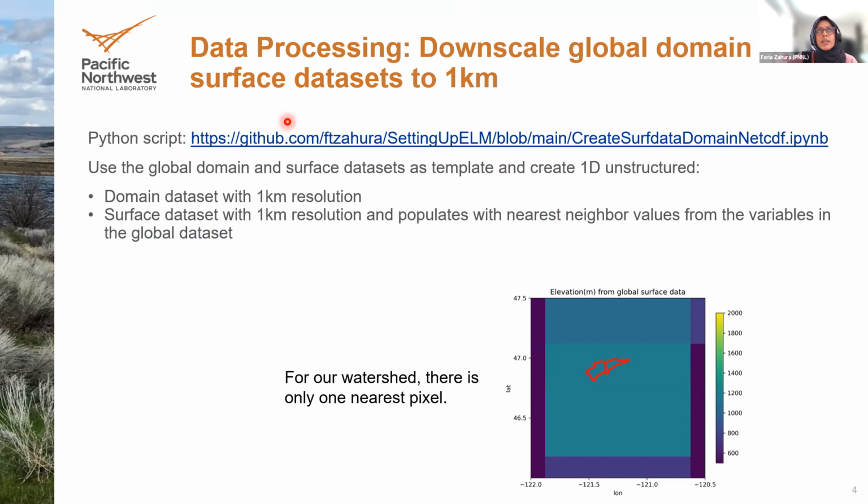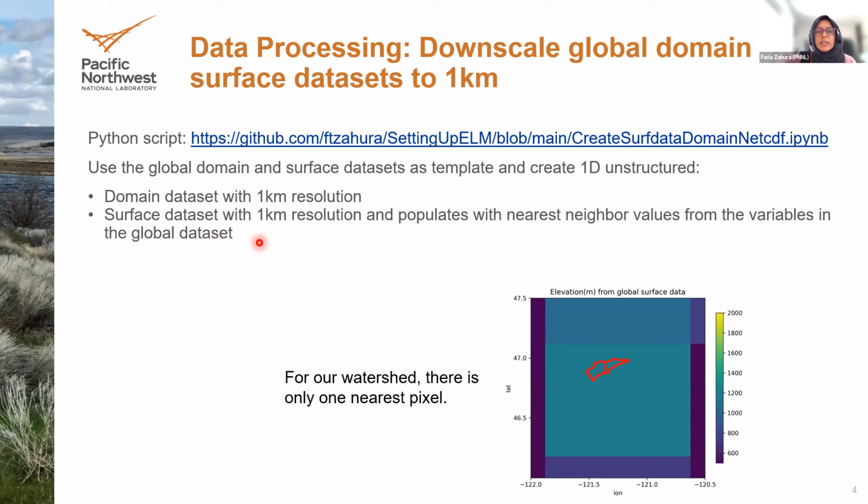The user has to provide the latitude and longitude boundary for the watershed domain, and then it downscales the data to a 1 kilometer resolution domain data set and surface data set. This script creates a 1D unstructured grid. We used 1D unstructured because it gives the user some flexibility to work with irregular watersheds, but one can use 2D structured grids as well.